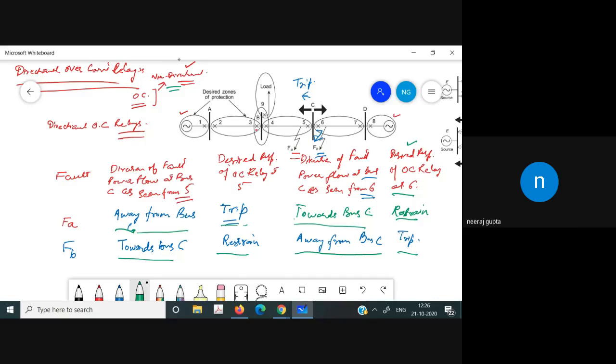So the two conclusions that can be drawn from that are that whenever the fault power flows away from the bus, you can say that desired zones are created and the overcurrent relay will trip.